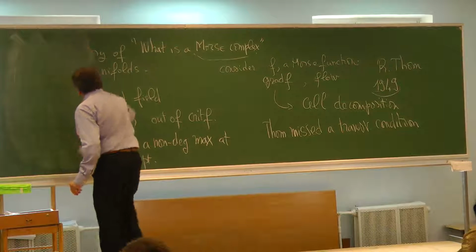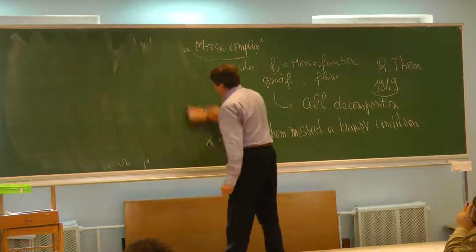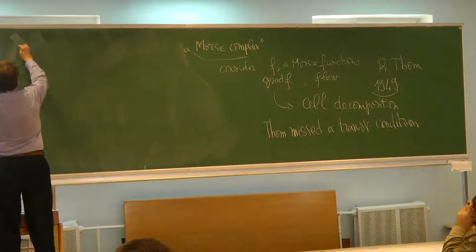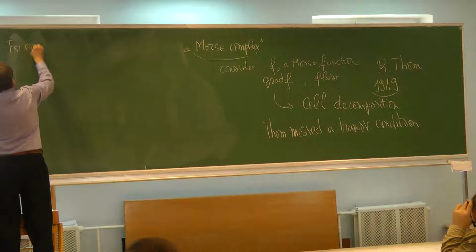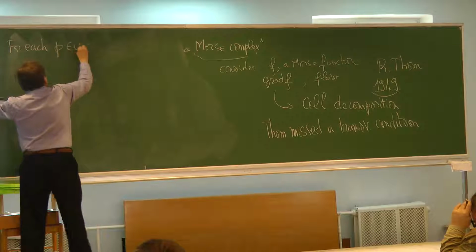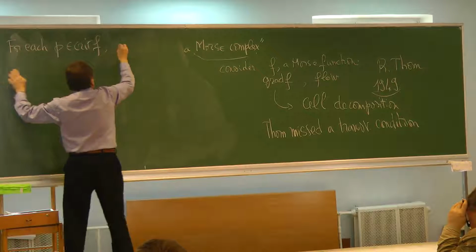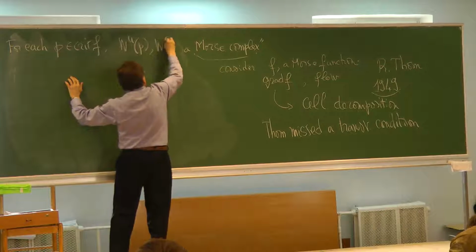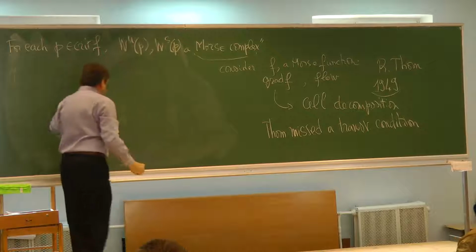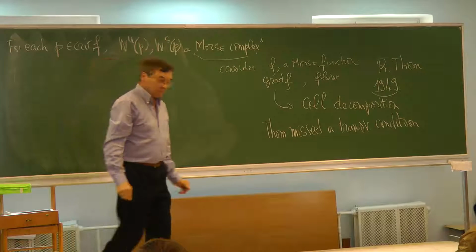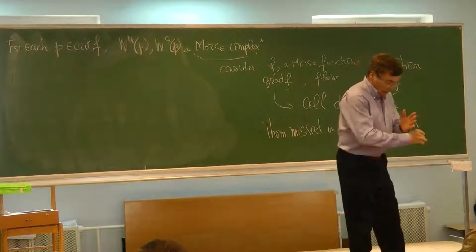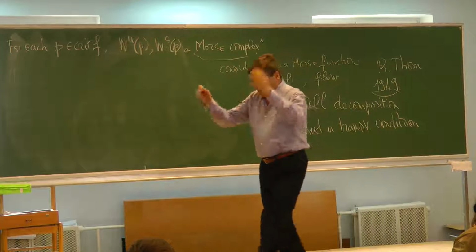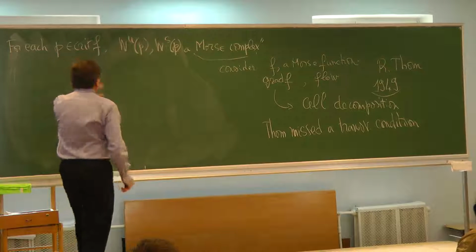Of course, due to the condition I impose on X, we have for each critical point an unstable and stable manifold, because the vector field is automatically hyperbolic, and you have local stable and unstable manifolds, and by the flow you have global stable and unstable manifolds.